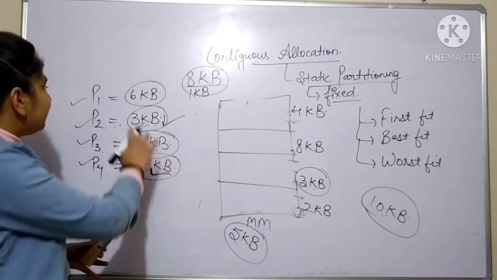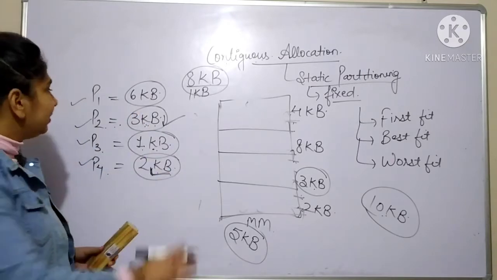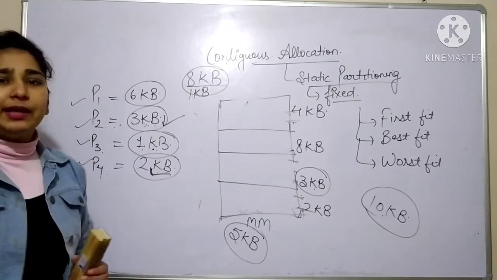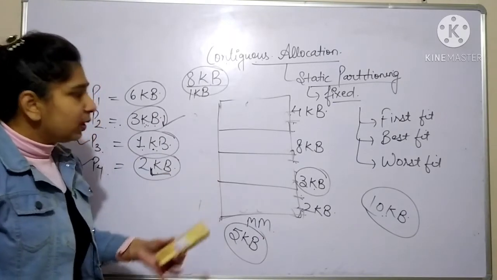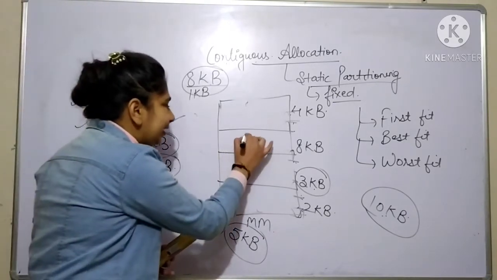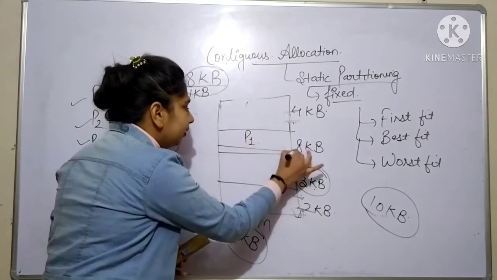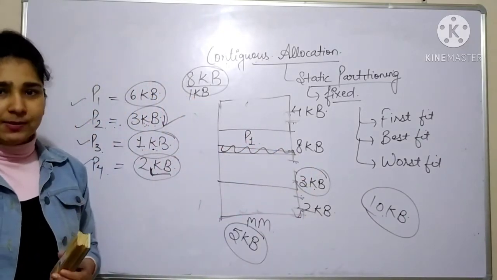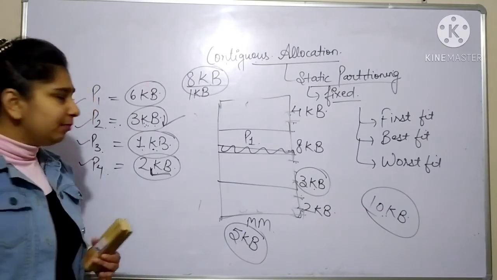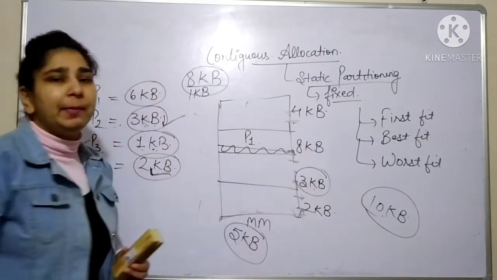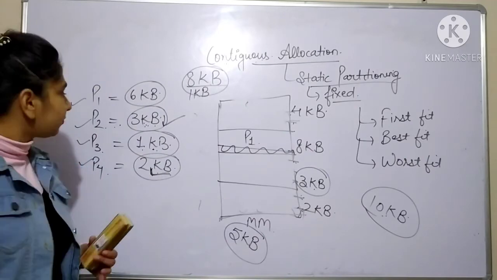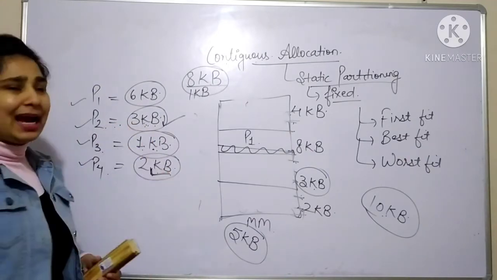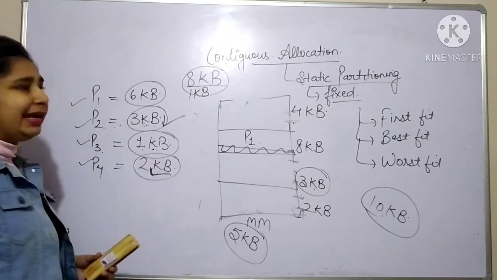We have first process P1. The size of this process P1 is 6 kb. So we have only one partition to store a 6 kb process. We don't have any options. So I am keeping my process P1 in the 8 kb partition. Next, I have process P2. The size of this process is 3 kb.